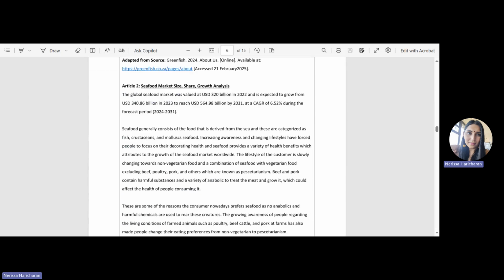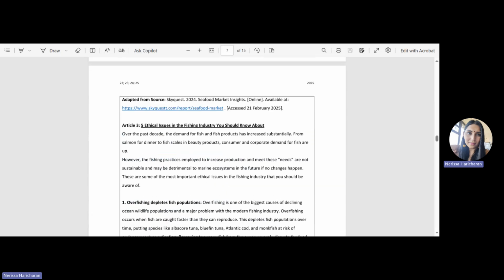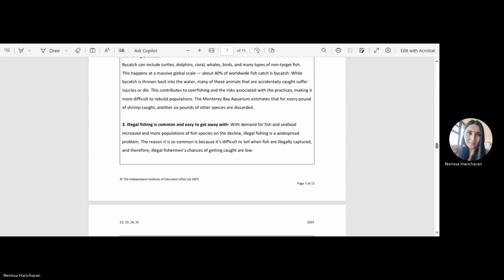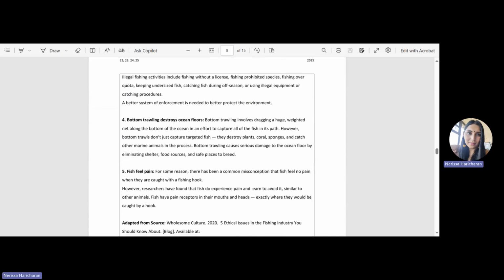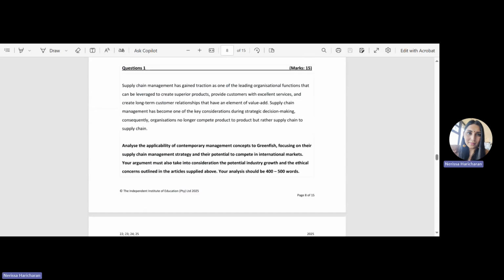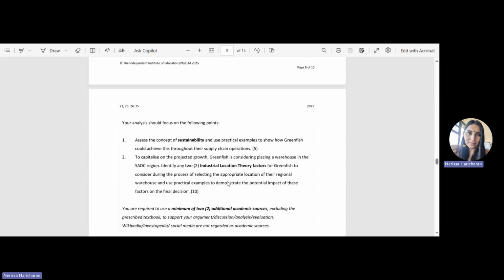Here's your case study here. So please read, understand, so that you can apply your theory very well. Your first question for Learning Unit 1, we're speaking on sustainability. We're going to be bringing in what sustainability is, how it contributes to the business, what is their practicality in terms of different examples.